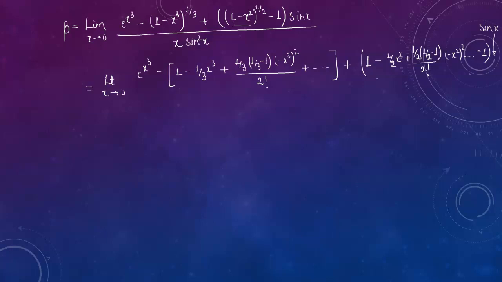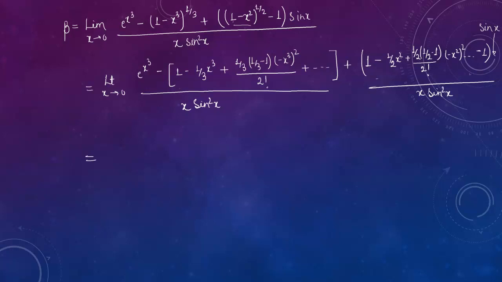Let me separate this x sin square x, which will be like this, x sin square x, here also x sin square x.